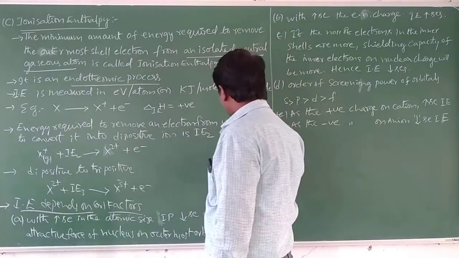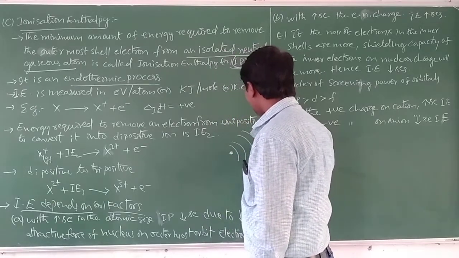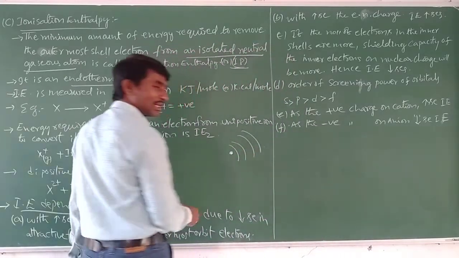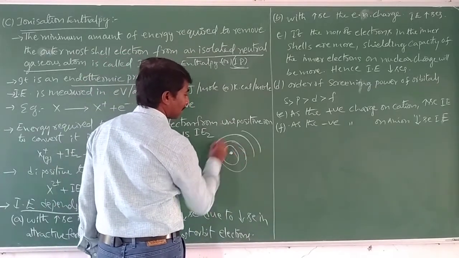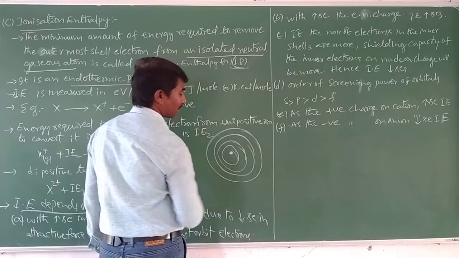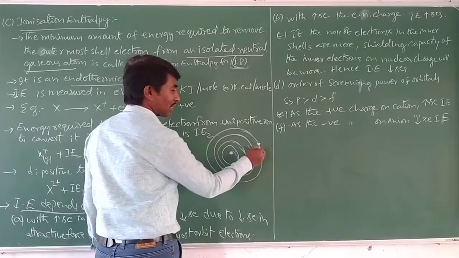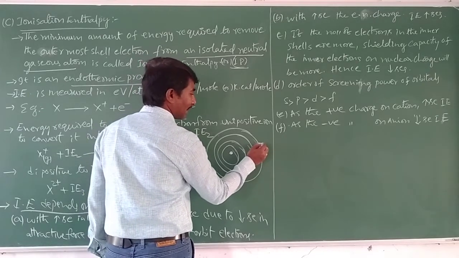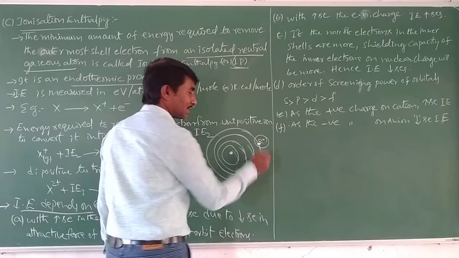Generally, this is the nucleus, and these are shells or orbits. This is the outermost shell. Here electrons are there, so from this, electrons are removed.